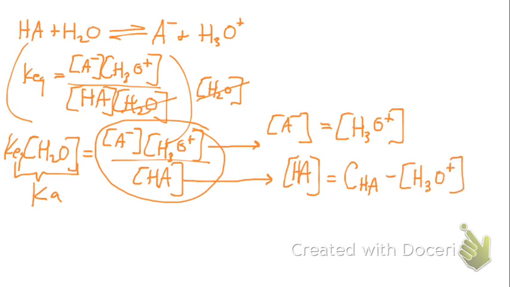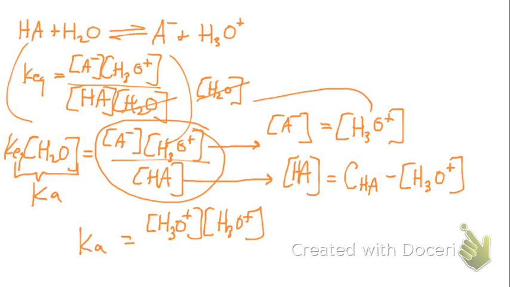Because you will get some dissociation. And whatever dissociates, we will lose from our analytical concentration, and that's what our concentration of weak acid will be. And so what we can do is Ka is equal to H3O plus times H3O plus, because that's what we want to solve for.